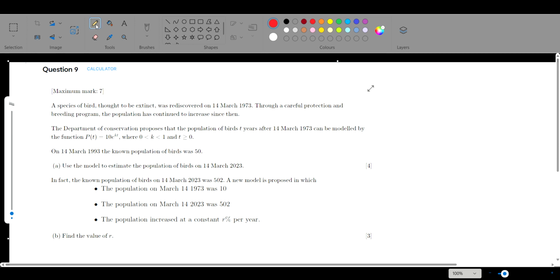Another question from exponent modeling.